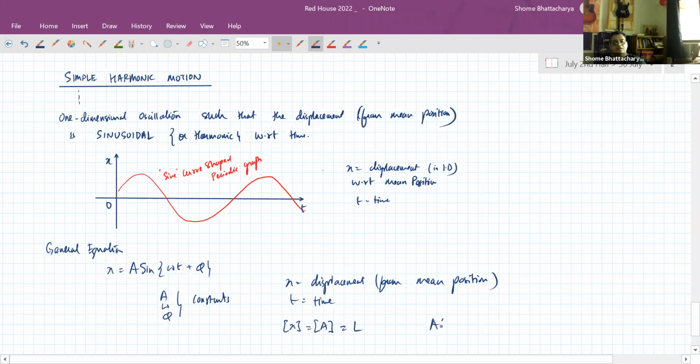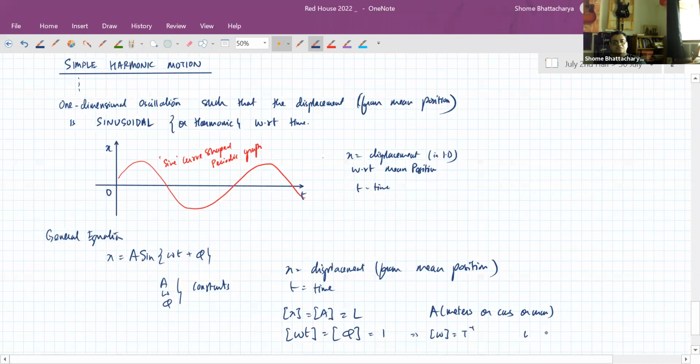Capital A is expressed in meters or centimeters or millimeters or whatever. And dimensionally you can see that omega t has to have the same dimension as that constant phi, which has to be dimensionless. So that means omega has the dimension of time inverse.